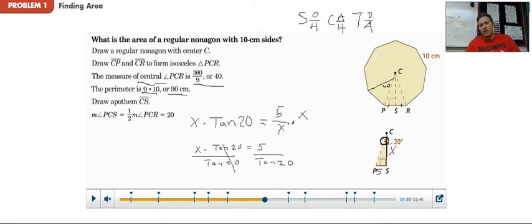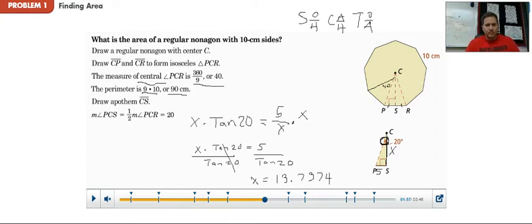So in my calculator, I'm going to put in 5 divided by tangent 20, and that's going to give me a decimal, and so we're going to get x equals 13.7374, rounding to the 4th decimal. So the more numbers that I use right here, the more accurate I'm going to be.